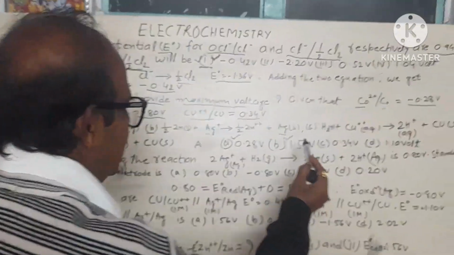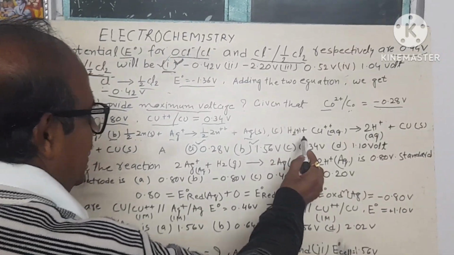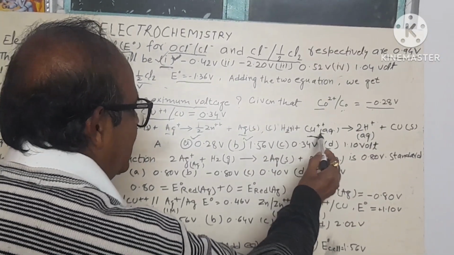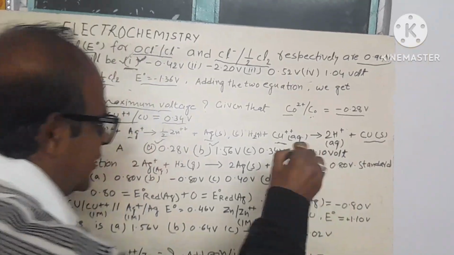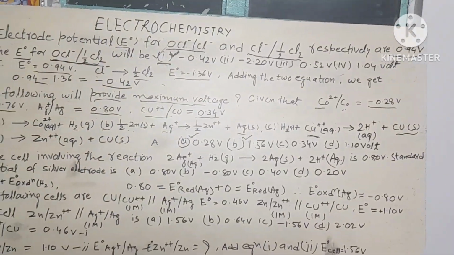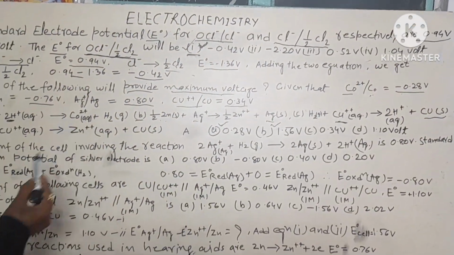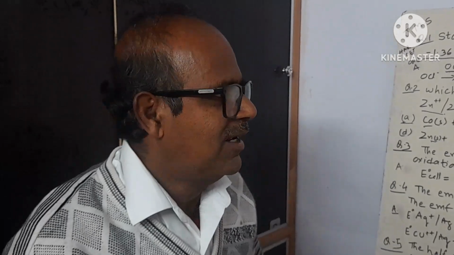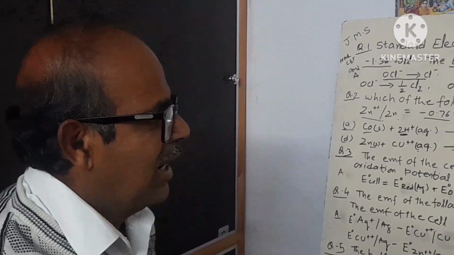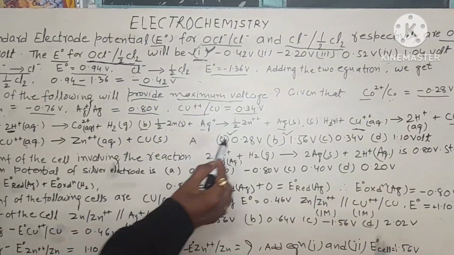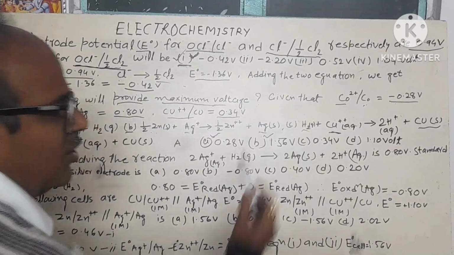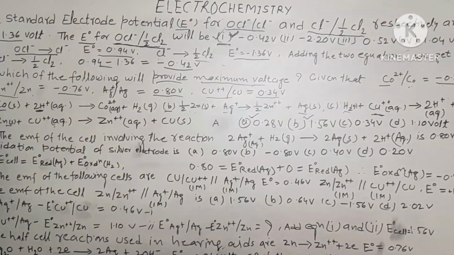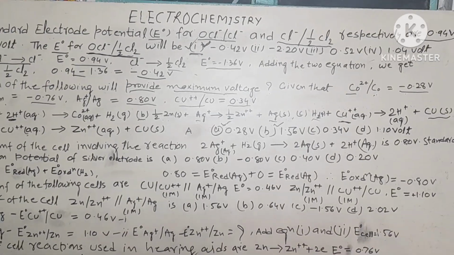Third cell is here, H2 gas. Here you can see copper ion is converting to copper metal. This is the cathode. Then for the cathode, what is the value given for copper? For copper it is 0.34, minus, in bracket, hydrogen gas. Hydrogen gas is there, for that it is 0. Then the same will be the E cell.